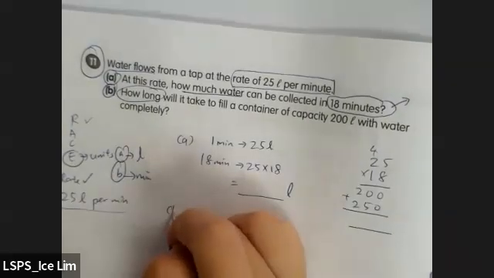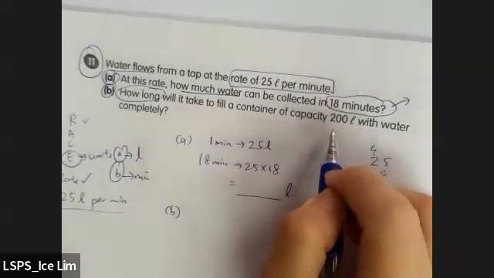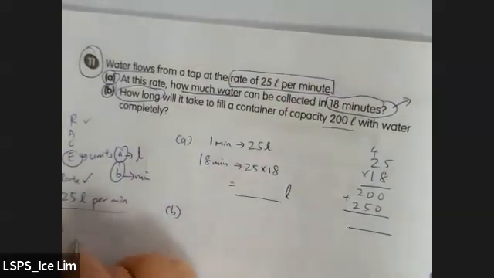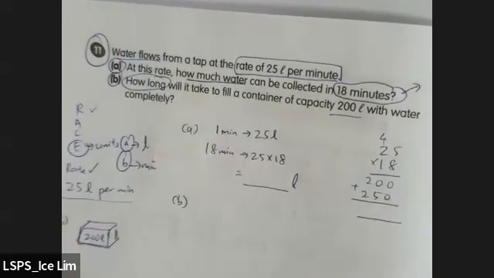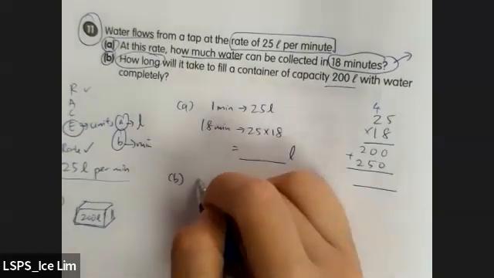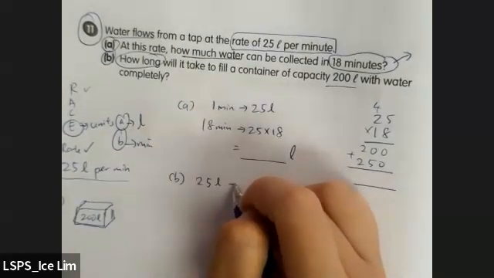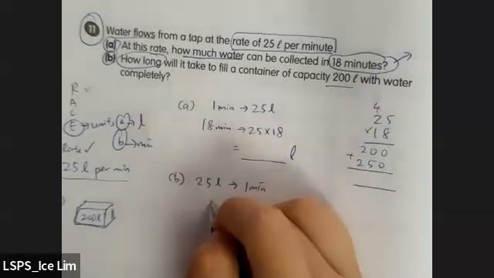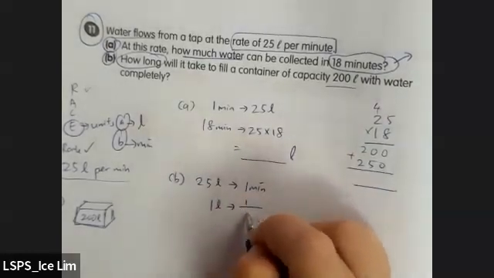Then B says I have a container with a capacity of 200 liters.